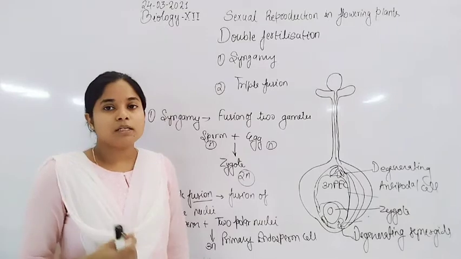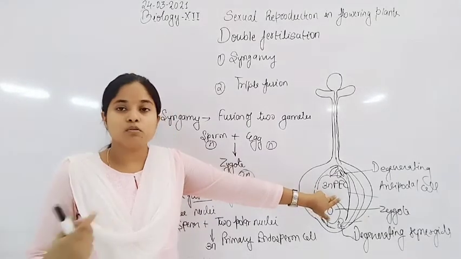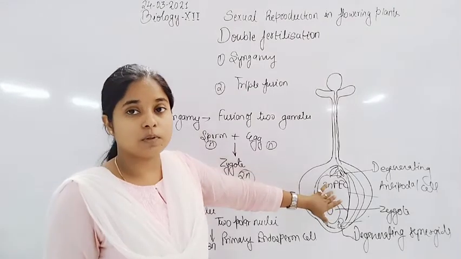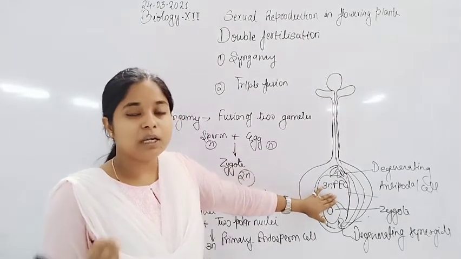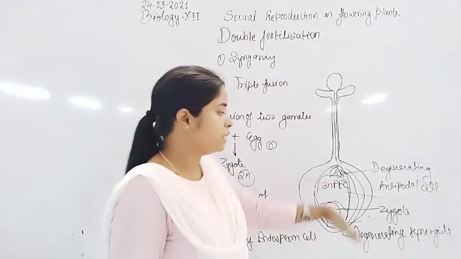After multiple karyokinesis of the primary endosperm nuclei, the endosperm develops inside the embryo sac.